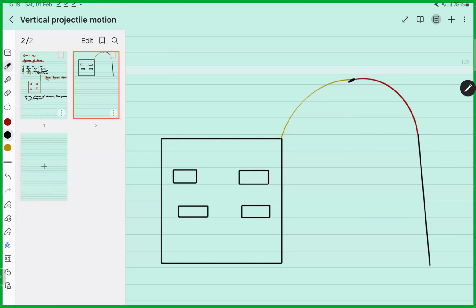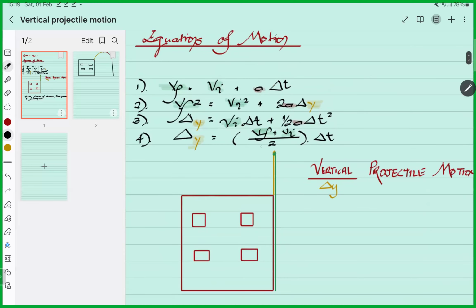Anyone? Because here it's easy to see where the object is going up, where it's going down, and where it's gone below the starting point. Here, it's a bit of a cramped diagram. And technically, this up and down motion here is on top of each other.